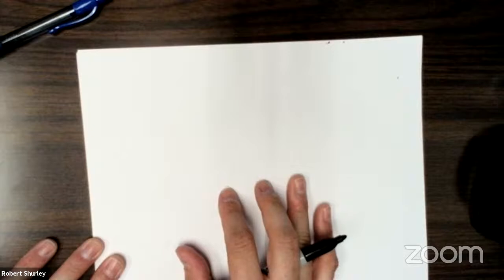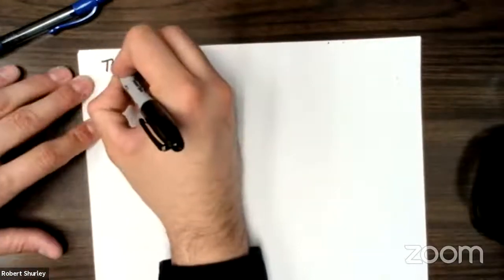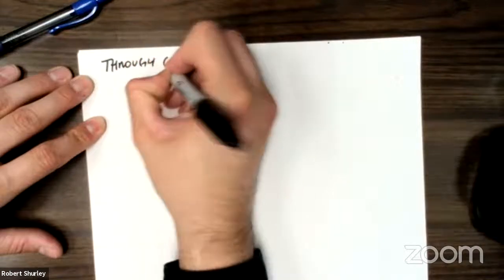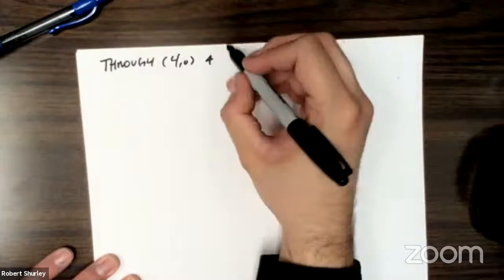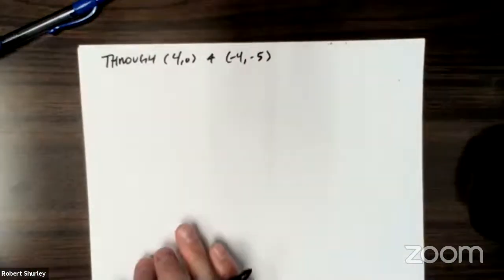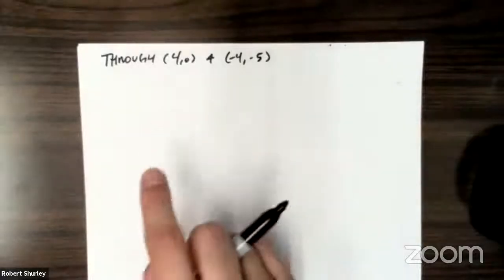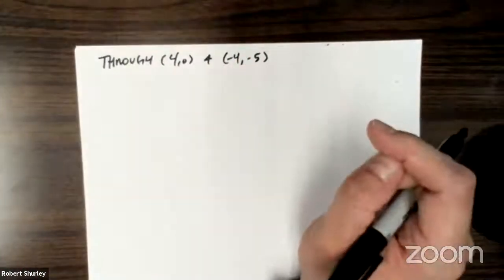So this question says, write the equation of the line, and it goes through (4, 0) and (-4, -5). Now they use more words than this, but it goes through (4, 0) and (-4, -5).